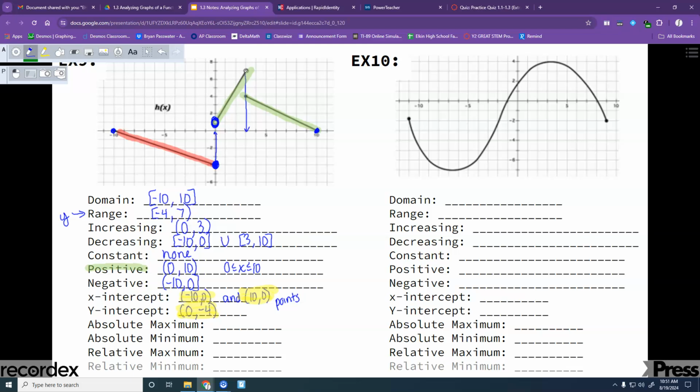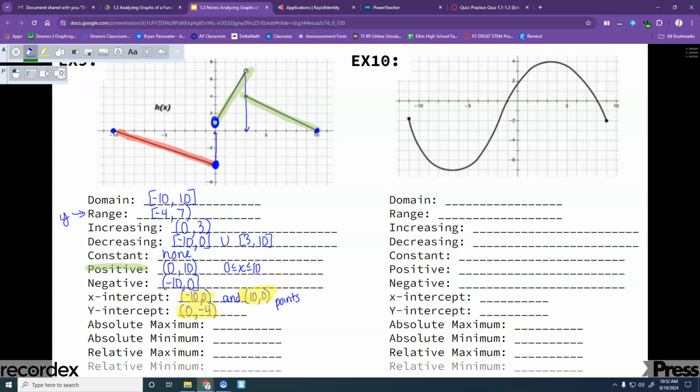So we got to think about this. When we're doing absolute maximum, we're saying what's the highest number. So like 6.9, that'd be pretty close, right? But what about 6.99? That could be, it's higher, right? And it's on the graph. What about 6.999? It's on the graph. What about 6.9999999?